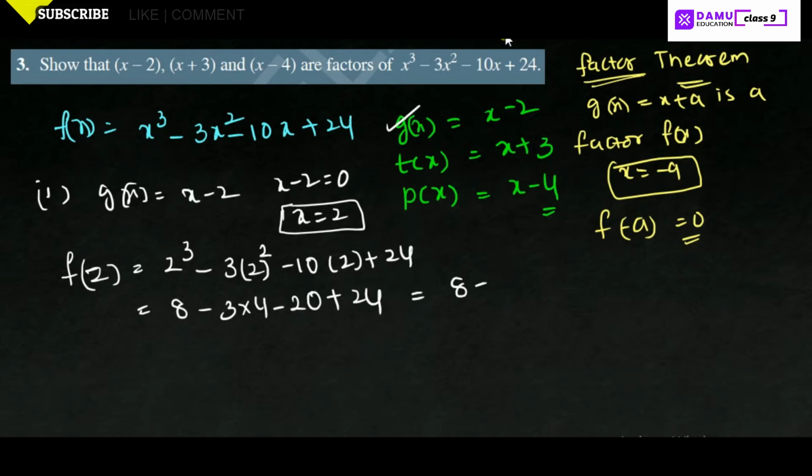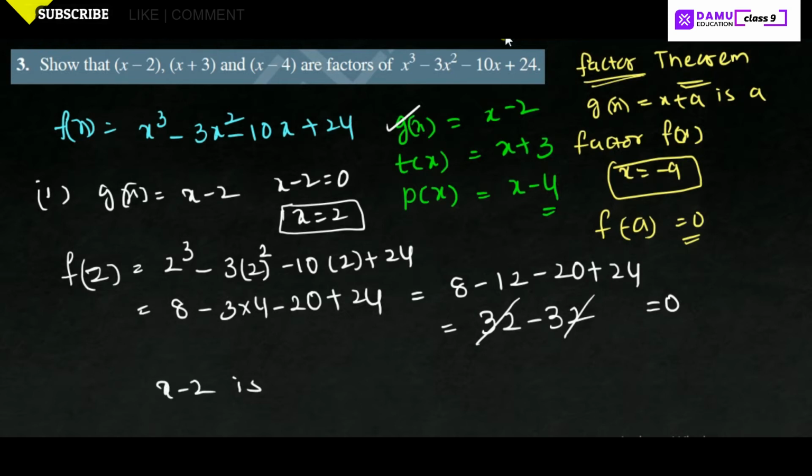So 8 minus 12 minus 20 plus 24. Here 8 plus 24 is 32, and minus 12 minus 20 is also minus 32. So you will get the remainder as 0. So x minus 2 is a factor.